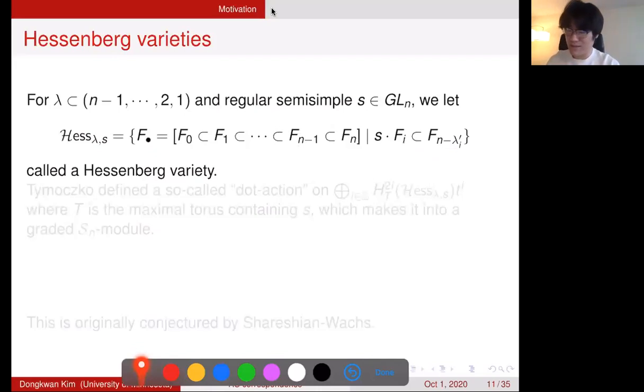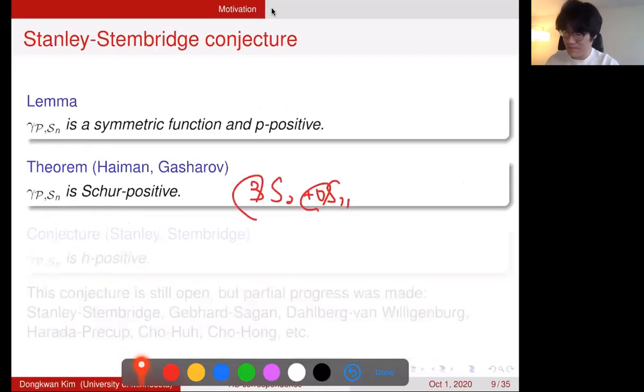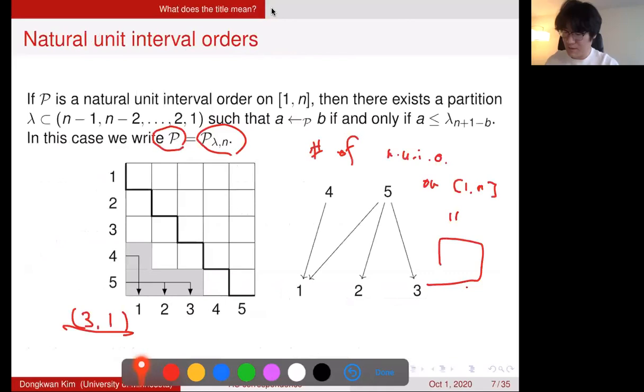So it depends on this partition here. That is actually our motivation why we use this convention to enumerate this naturally negative orders.